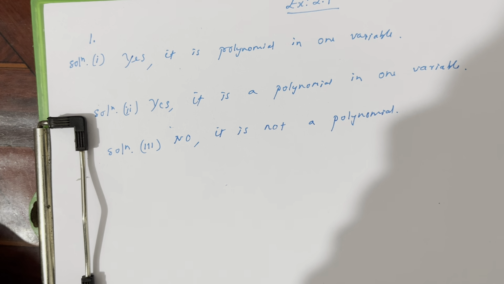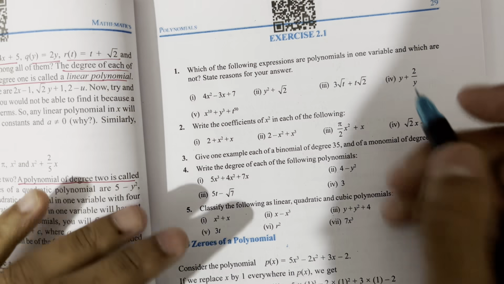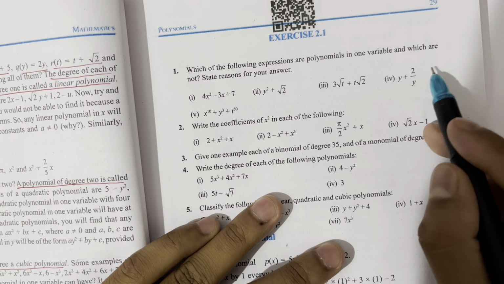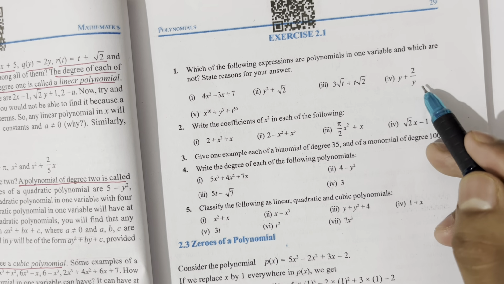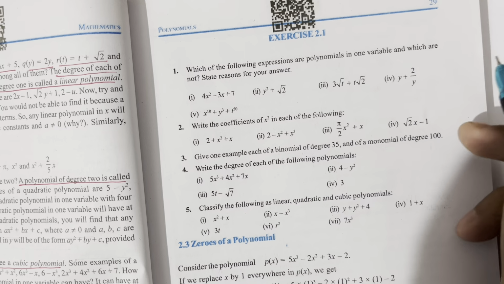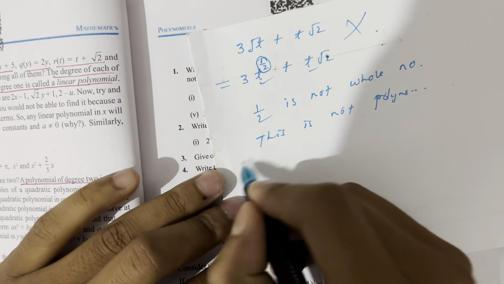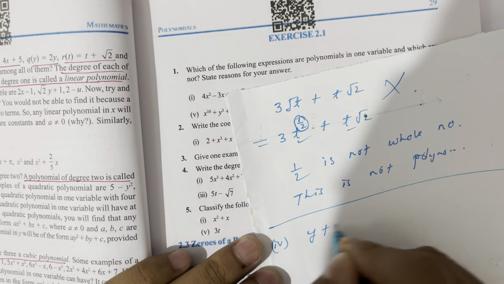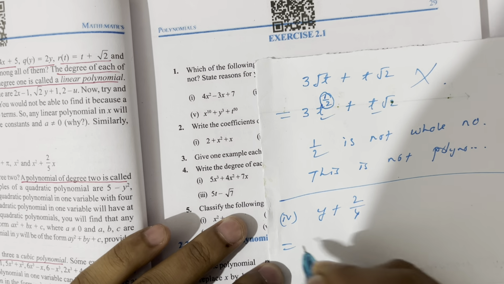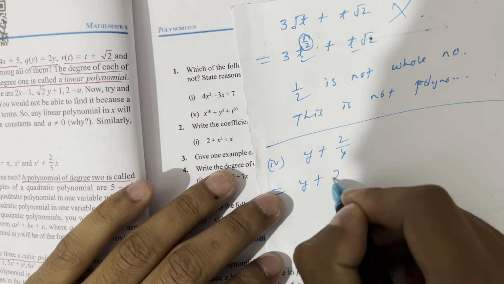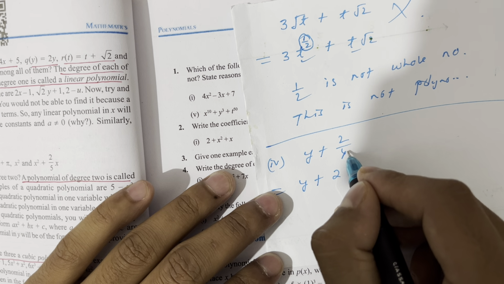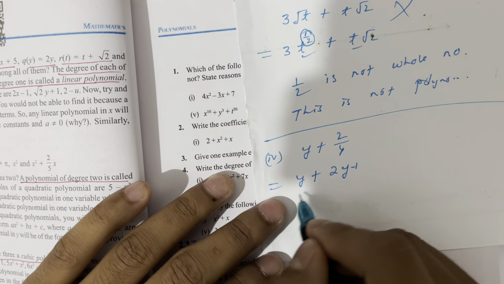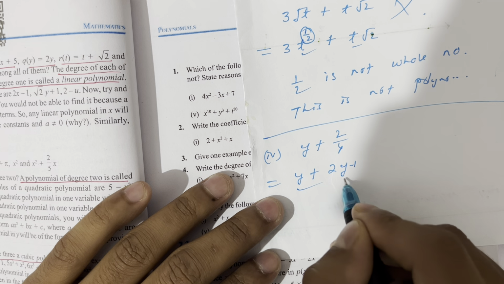Now question number 4. We have here y plus 2 by y. So you think now, is this a polynomial? Let me solve it here. Number 4, y plus 2 by y. So I can write like this, y plus 2, y here, what's there? 1, no? y to the power 1. If I carry it up, it becomes inverse. So now how many variables do you have? One variable only, that is y.